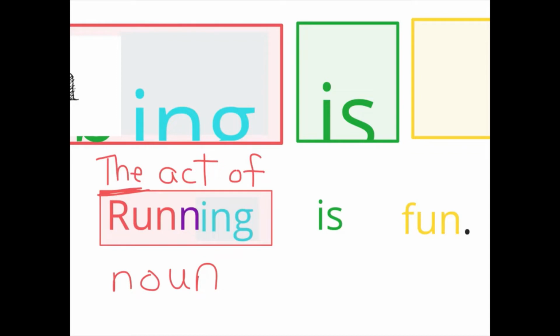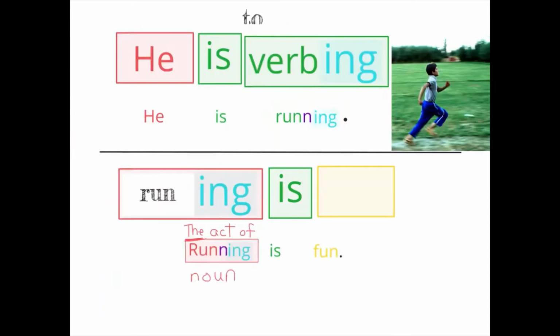We will always use the verb is. It'll be a singular verb. We will not say running are fun. We will say running is fun. So we have two kinds of sentences here that both begin with an action verb. It can be to play, to climb, to sleep, to eat, to run, to smile, to read.